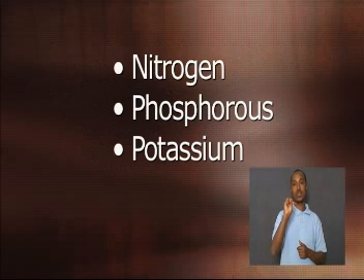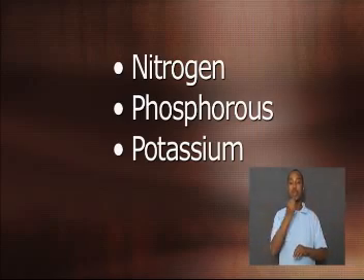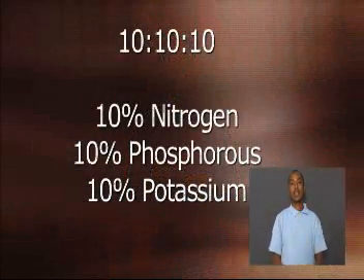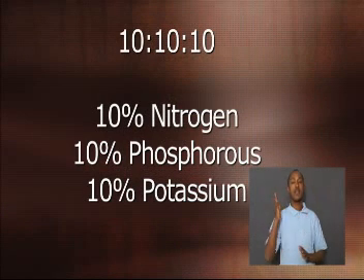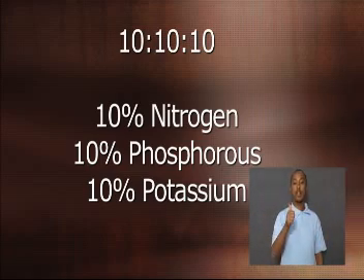Nitrogen, phosphorus, and potassium are the most important nutrients for plants. Therefore, commercial fertilizers are graded based on the percentage of each element they contain. For example, if a fertilizer contains 10% of each element, it will be labeled as 10-10-10.